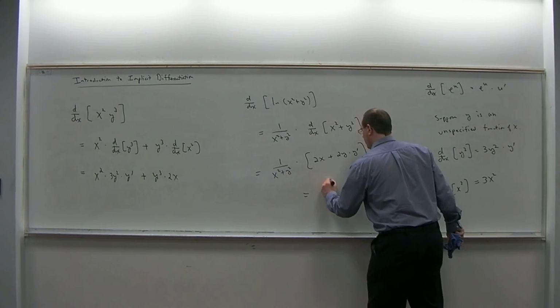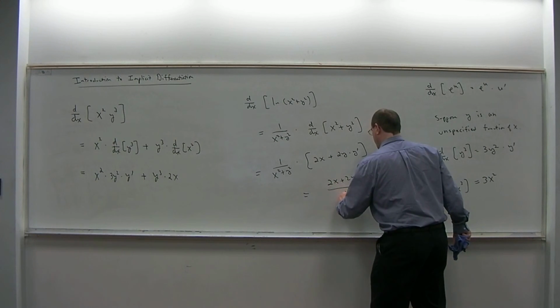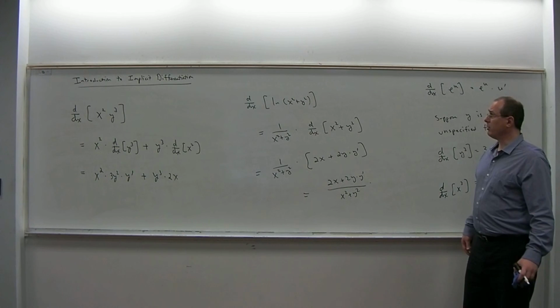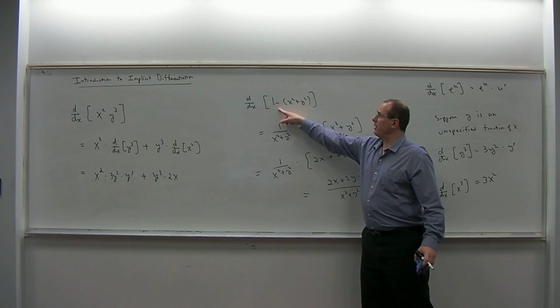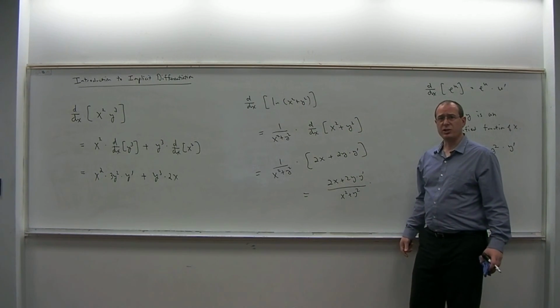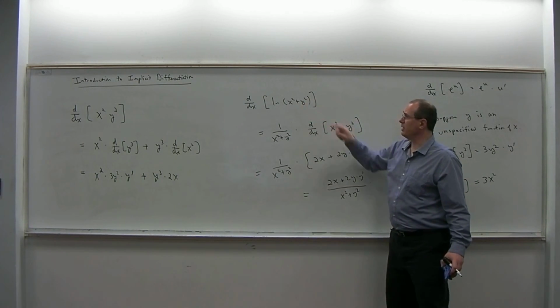So we get 2x plus 2y times y prime over x squared plus y squared. So there's a pretty complicated example of the derivative of an expression that involves an implicitly defined function of x. That would be y. Y is implicitly a function of x.